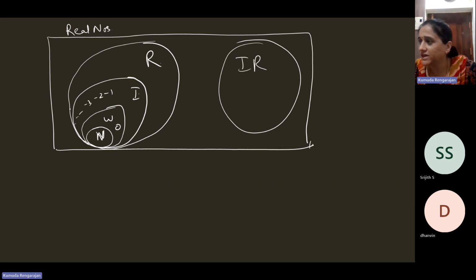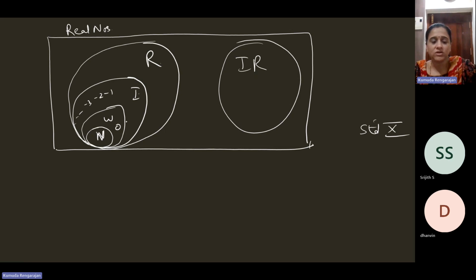Real numbers are numbers that exist. Apart from real numbers, we have something called imaginary numbers, which you will not be seeing till standard 10. We'll be dealing only with real numbers till standard 10. So there's something called complex numbers, imaginary numbers. You will see all that after 10th standard.